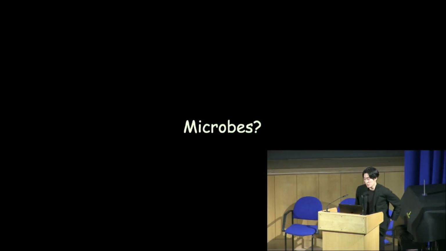Okay, so I'm almost done, but I slightly regret that I didn't talk anything about microbes. But we are equally enthusiastic about understanding microbes and how they interact with plants. And here again, the single-cell and spatial resolution is the key.